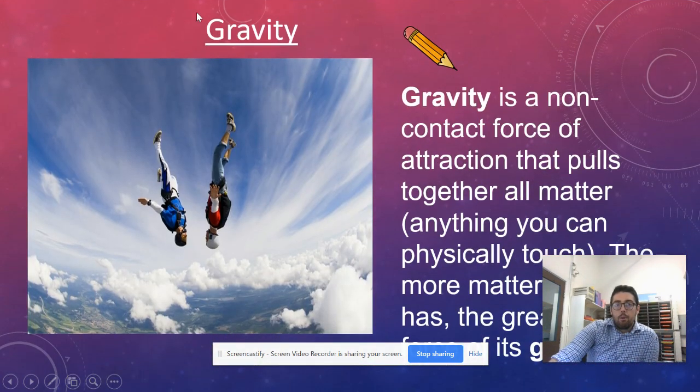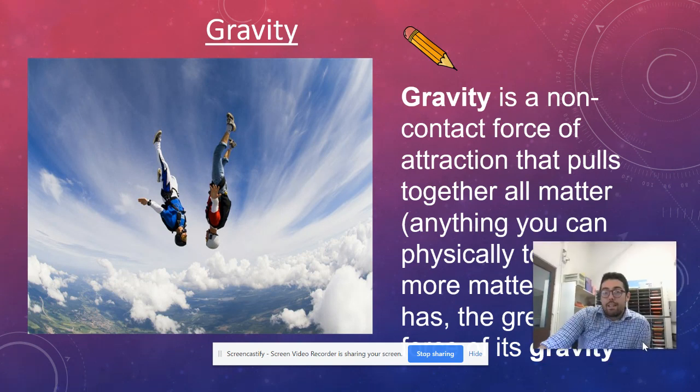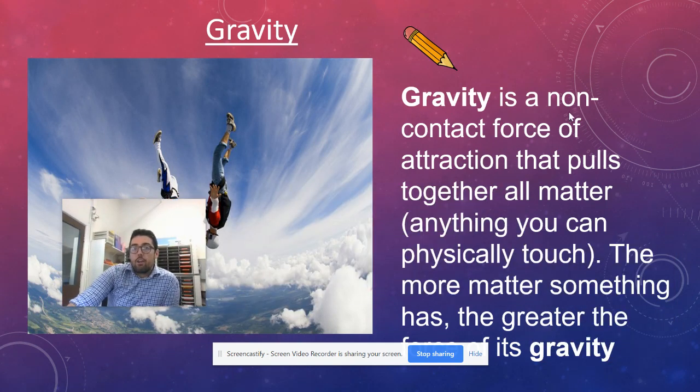All right, moving on, we are going to start with the big one. So gravity. Not only is it a blockbuster movie, it is probably one of the most important forces on Earth, or actually in existence. All right, so gravity, as we define it, is a non-contact force of attraction that pulls together all matter.